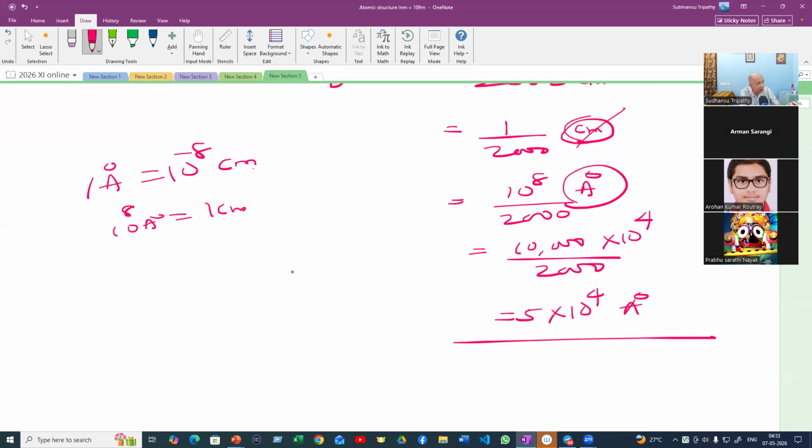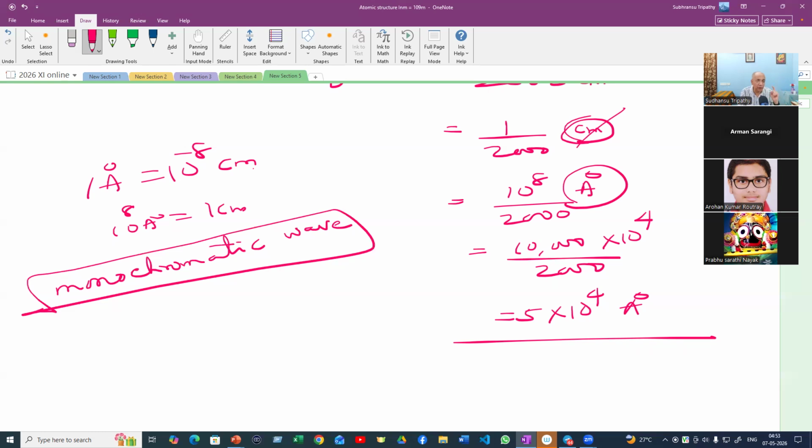This particular wave, having a particular frequency, particular wavelength, particular wave number, is called a monochromatic wave. Remember this. It is a radiation consisting of a single frequency. Single frequency means single wavelength, single wave number.